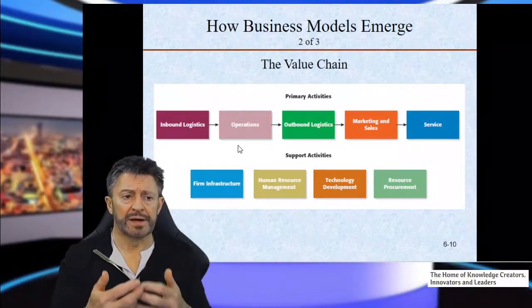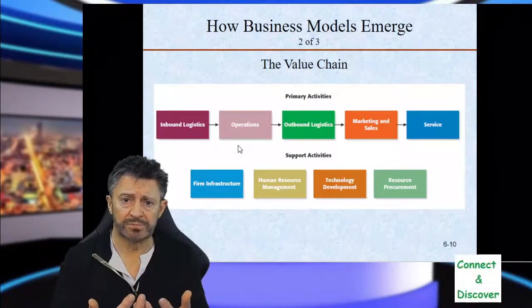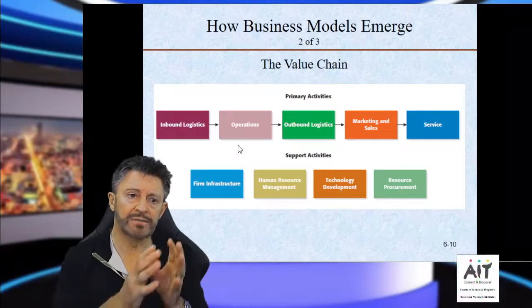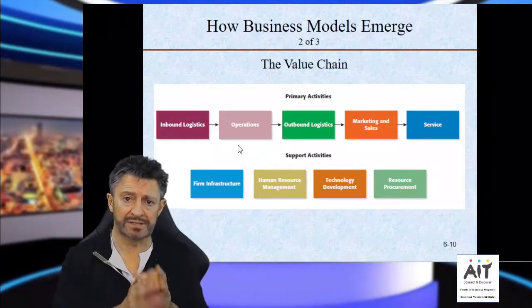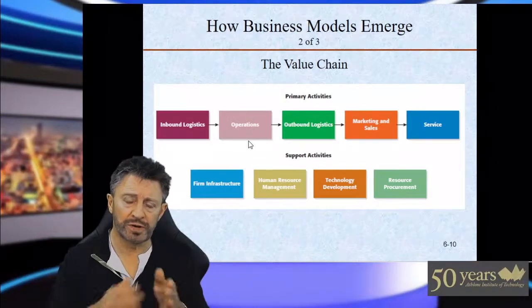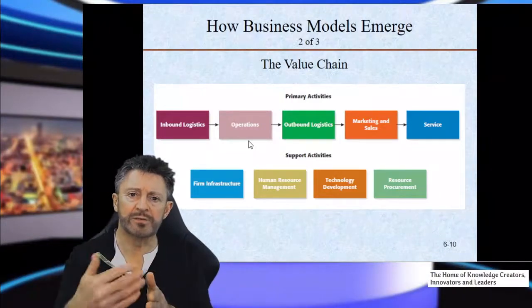In any case, they're adding value because they're giving you more information to make better decisions. That's where value chain analysis has its strength. So even within the operations process, we're looking at all the different production lines, different component manufacturers. Are there ways of improving this?